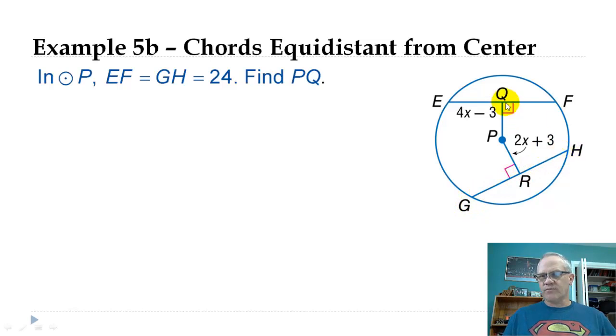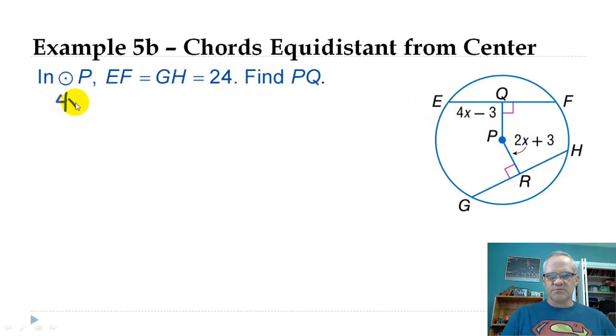They're both 24. So this is just the opposite of what we just did. If the chords are congruent, then the two little line segments here from the chord to the center also have to be congruent. So once again, all we have to do is make these equal to each other.